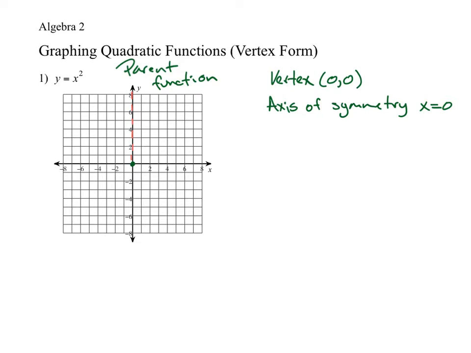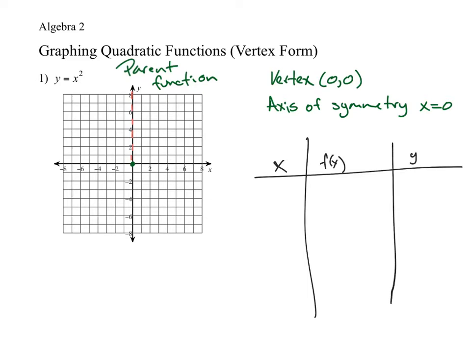So let's add really quickly here a table, x and f of x. That means I'm substituting f and y, and then I have the point (x, y). I'm going to start by choosing 2 or 3 points to the right of that axis of symmetry.